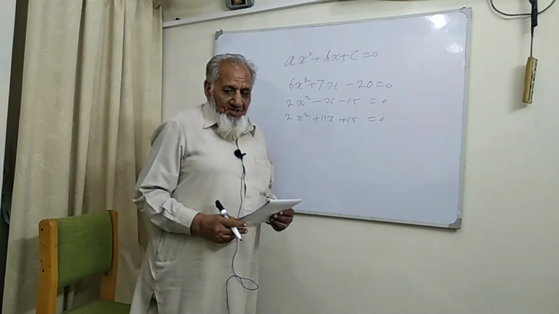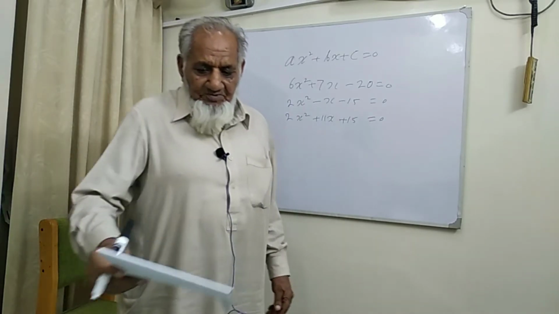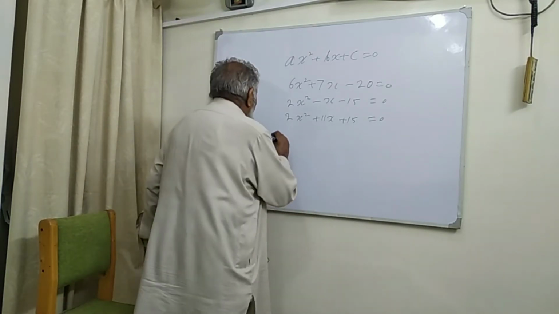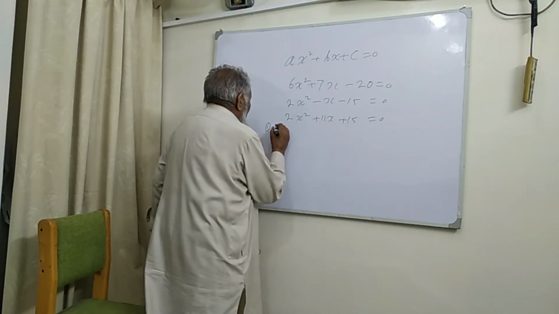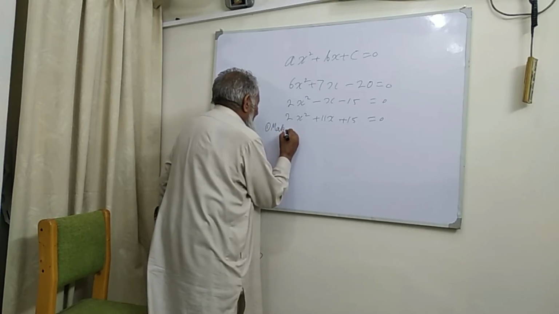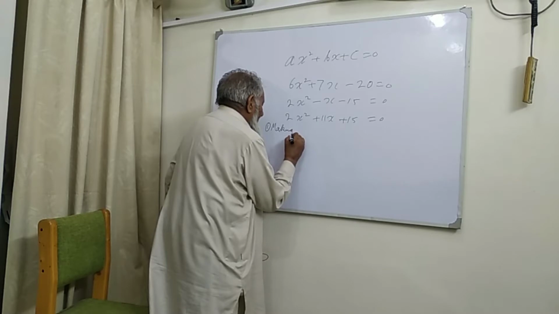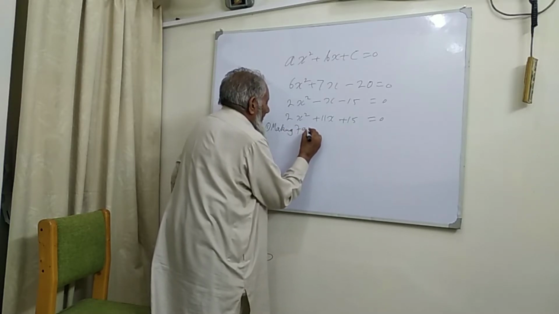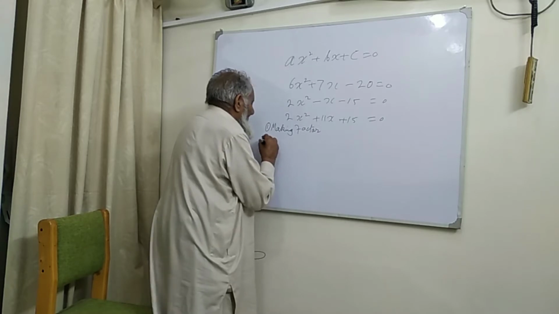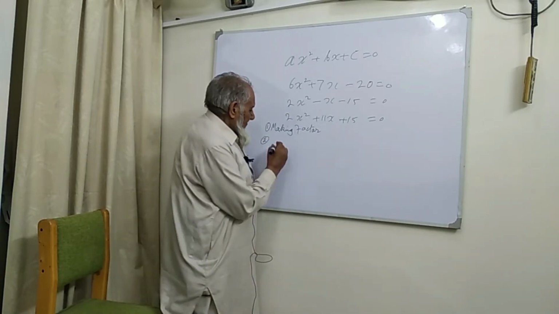There are three methods of solving this quadratic equation. First is the factorization method, making factors. Second is the completing the square method.